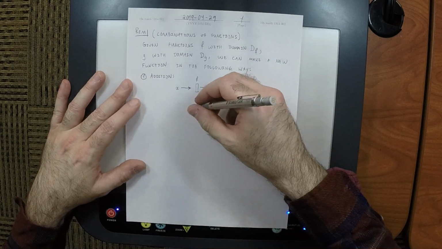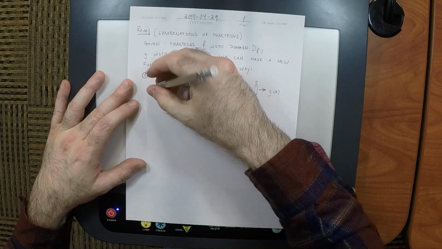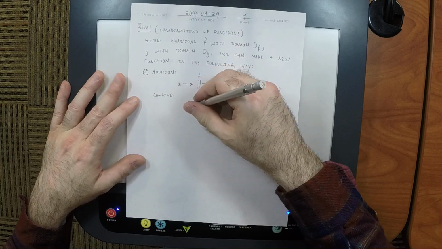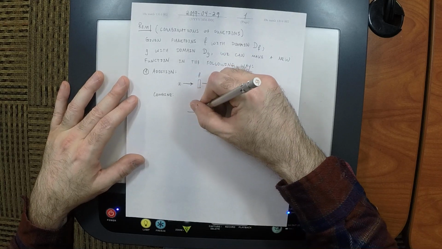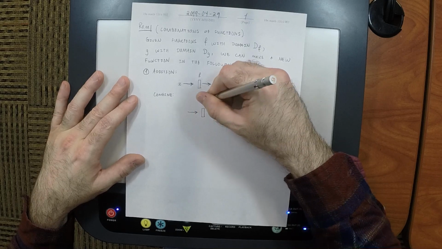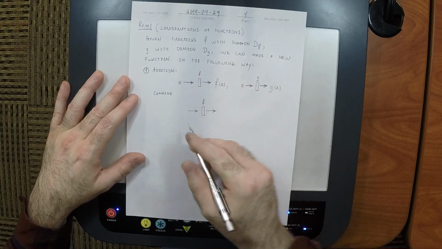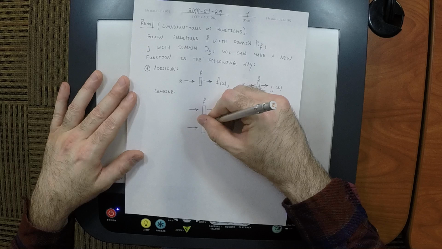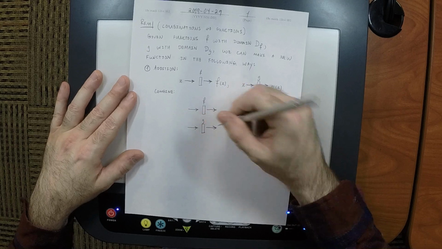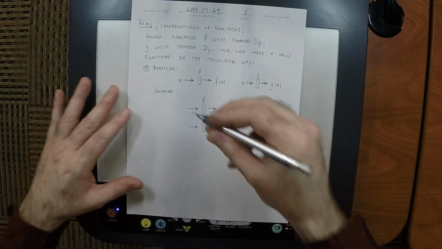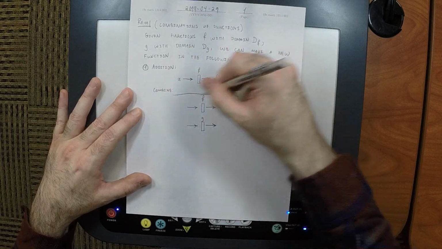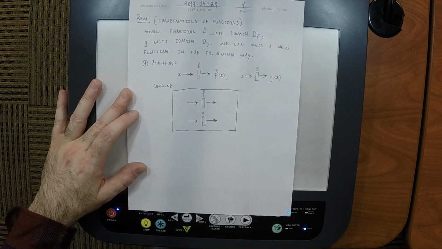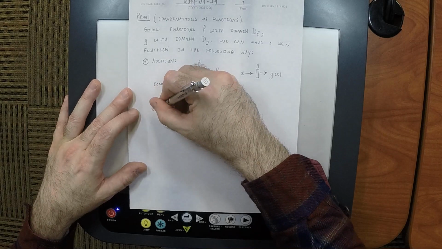We can say, all right, suppose we take a copy of the f there, and take a copy of the g there. And we'll put it all inside one big box. And we'll say that we give an input to the box like this.